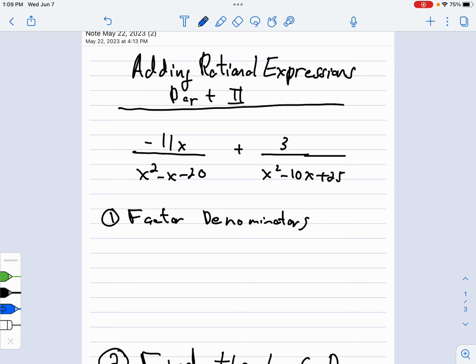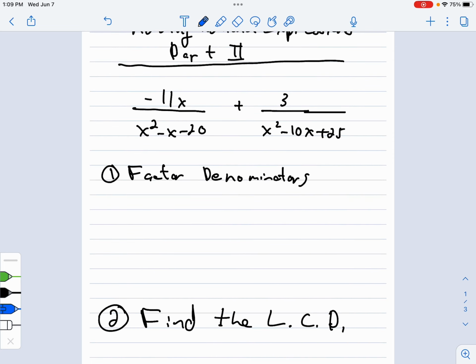First thing you want to do is factor the denominators as much as possible. So x squared minus x minus 20 is going to factor out as x minus 5 and x plus 4. And x squared minus 10x plus 25, that's what we call a perfect square trinomial.